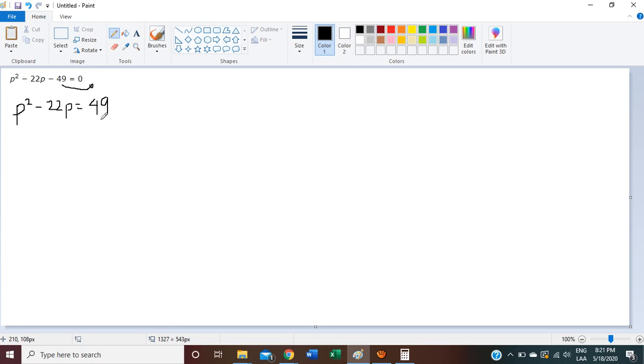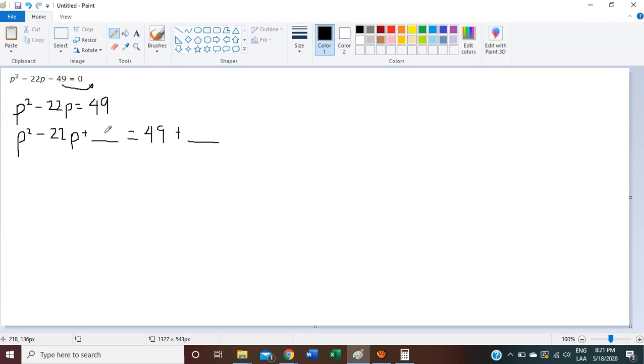Okay, now I am going to add a number on both sides of the equation: p squared minus 22p plus something. I am going to add a constant, equals 49 plus something.